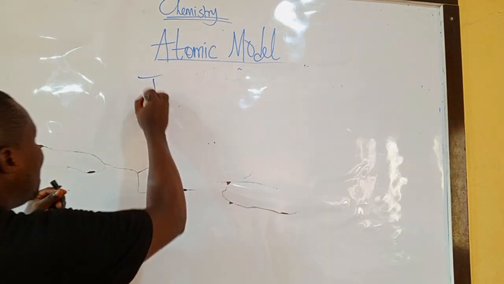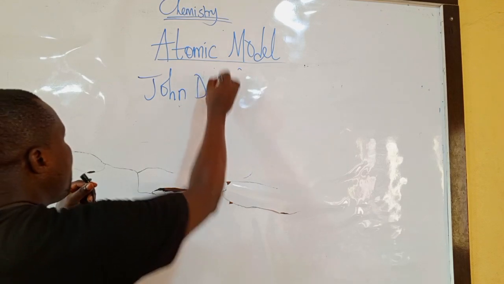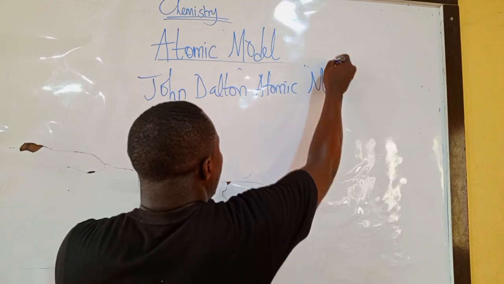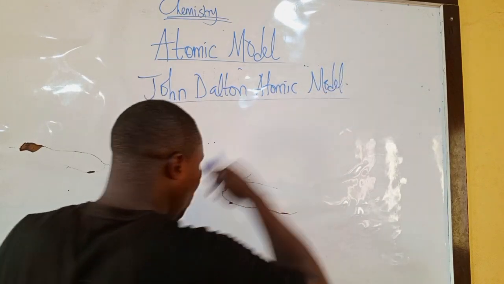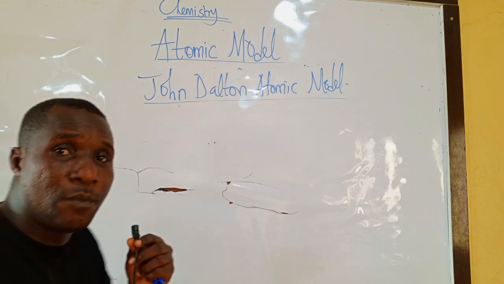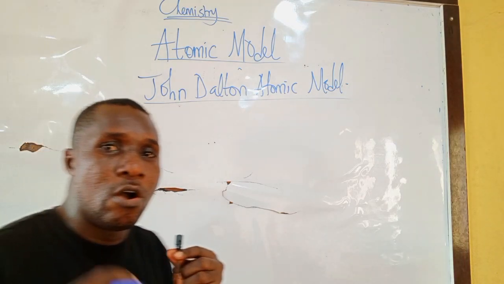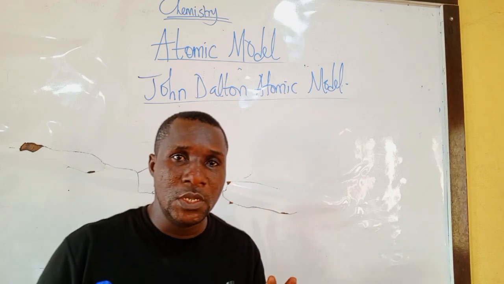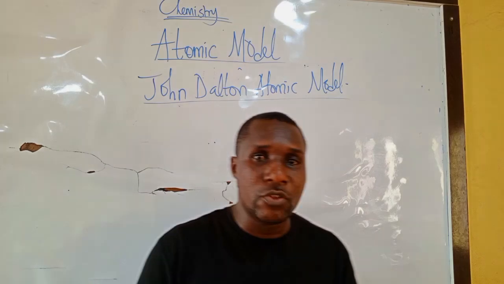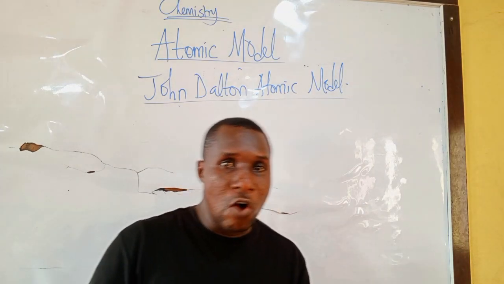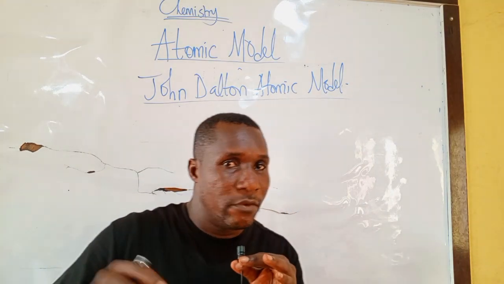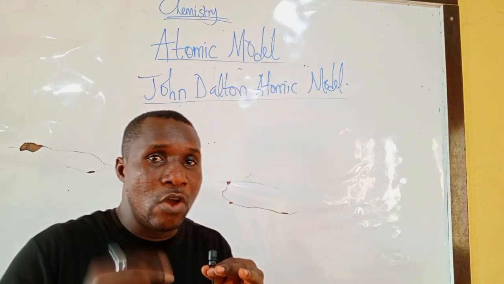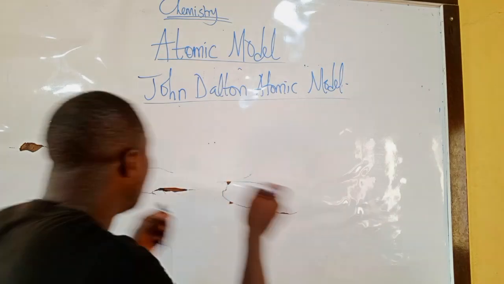Let us look at John Dalton atomic model. Take note, John Dalton atomic model was based on the law of conservation of mass and law of constant composition. It was based on the law of conservation of mass, or law of conservation of matter, any one, and law of constant composition. Let me write it down.